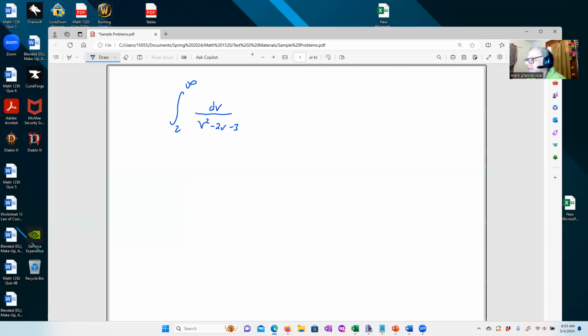So the first thing we're going to deal with is, well, it looks like we have partial fractions. We have dv over, and this looks like a (v minus 3) and a (v plus 1). And we're going to set that equal to A over (v minus 3) plus B over (v plus 1). So we've got to go ahead and sort out the partial fractions here.